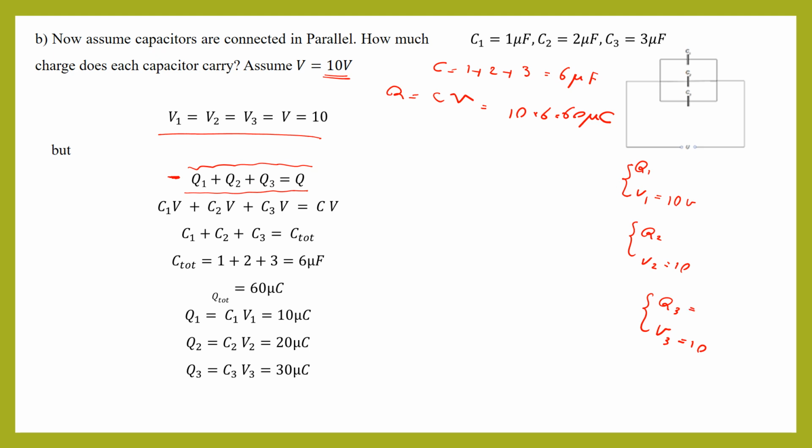Then you can get Q of each one of them, which has been calculated. You can check the validity. 10 plus 20 plus 30 is how much? It should be 60 microcoulomb, as we got Q total as 60. You can check the validity of your answer.